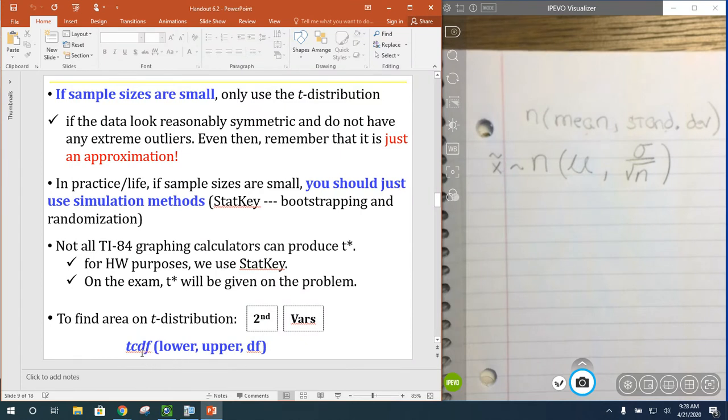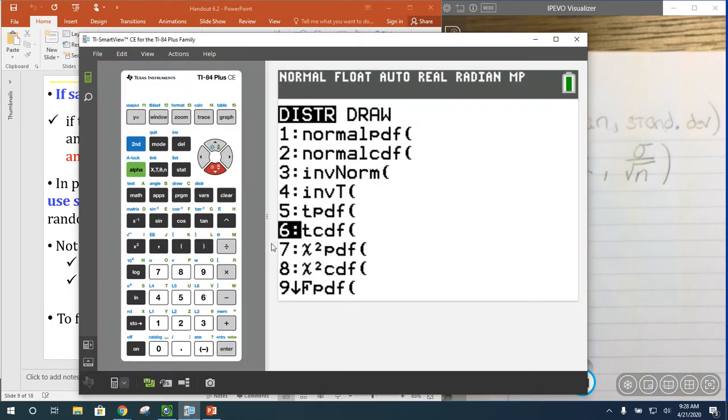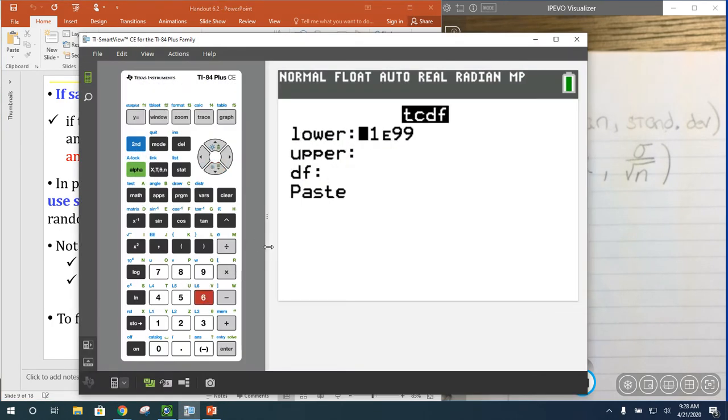You can see we can find tcdf by entering a lower, an upper, and the degrees of freedom. So if I play with number 6 for a second, you can see we have a lower again. I'll use negative 1E99. Let's say the upper of the distribution that I have is, I don't know, 17. And let's say this came from a set of n equal 9.